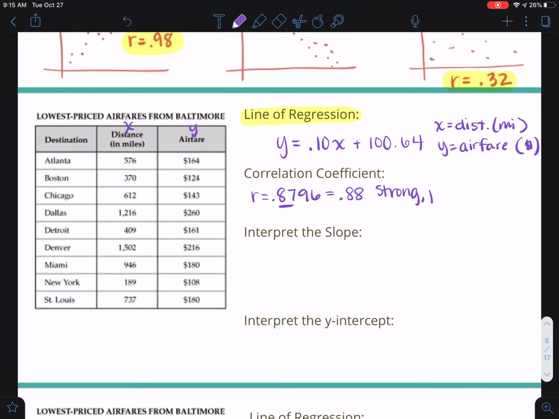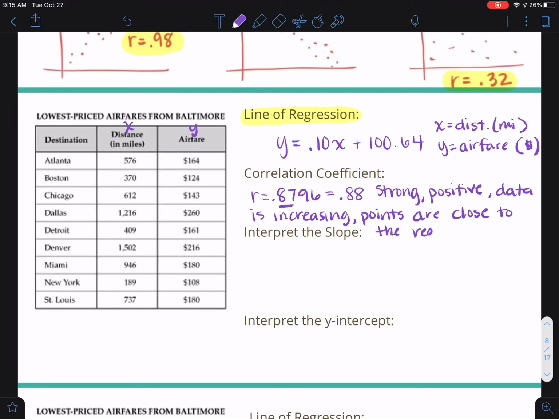It's also positive. So positive means that your line, or actually let's not say line, let's say that the data is increasing. And because it's strong, we're going to say that the points are close to my regression line.